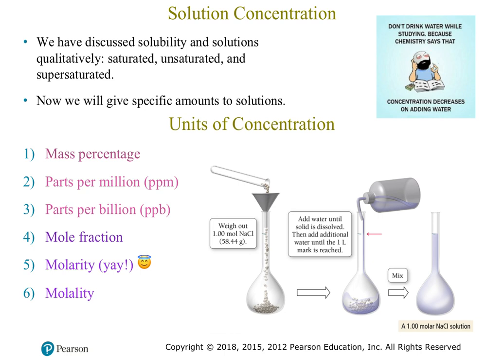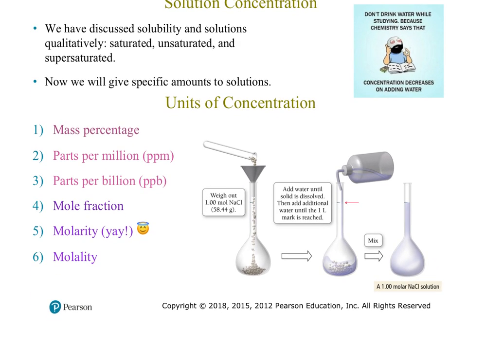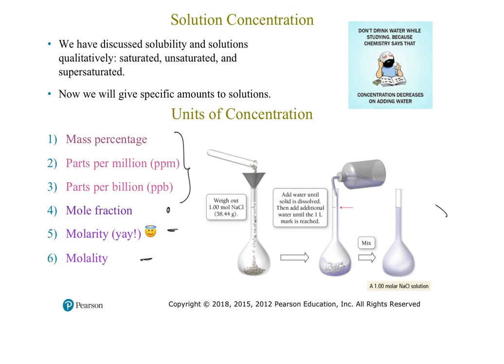The types of concentrations I'm going to mention are mass percent, parts per million, and parts per billion, and these are all very similar. There's mole fraction, which is also very similar, and then molarity, which we've learned about, and then molality. So you really just have to learn one kind that's way different, and they're all actually really similar.